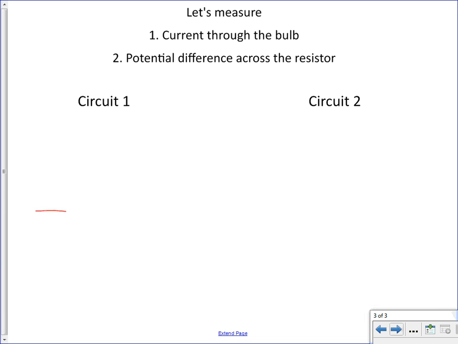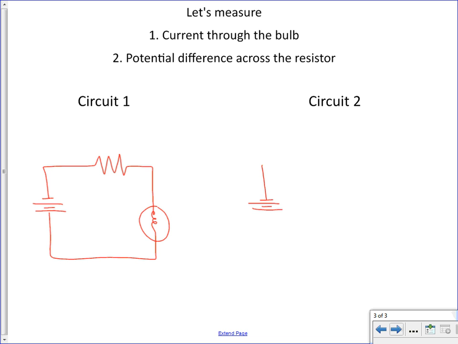Each of them will have two different circuit elements, a resistor and a light bulb. In this case, they're connected in series. In this case, I'm going to connect them in parallel.